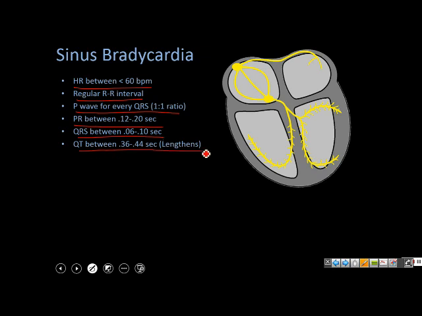Now, conversely with sinus bradycardia, you might see lengthening of the QT. So instead of your patient being at 100 beats per minute here, if they slow down to, say, 50 beats per minute, you might see that QT get longer.